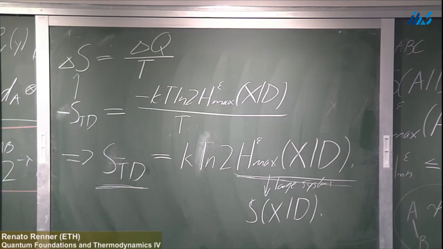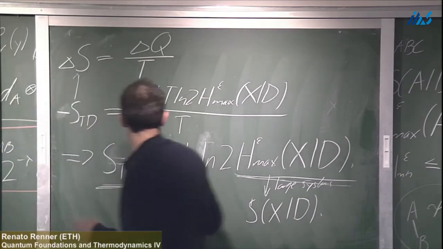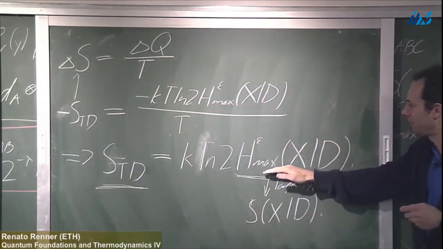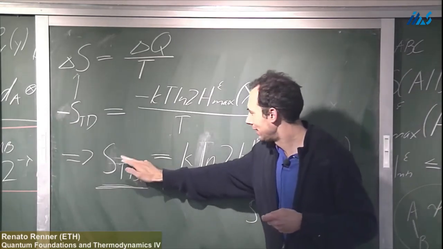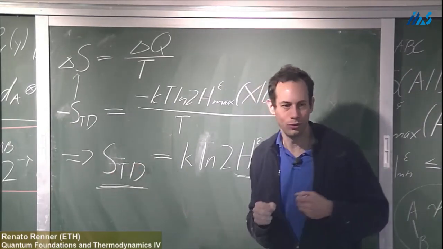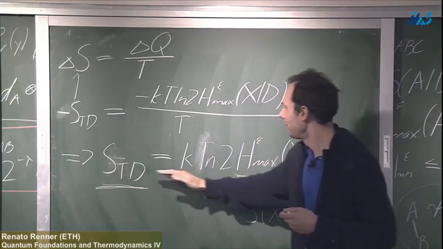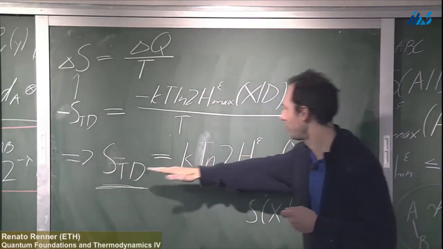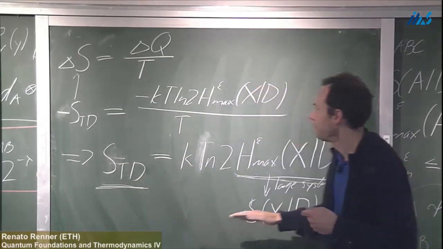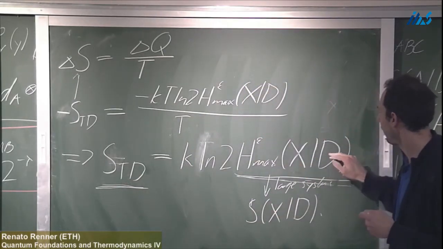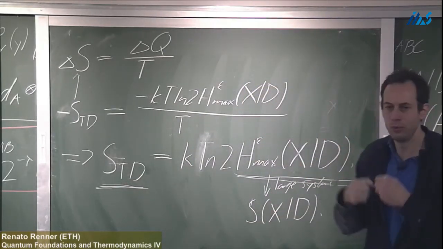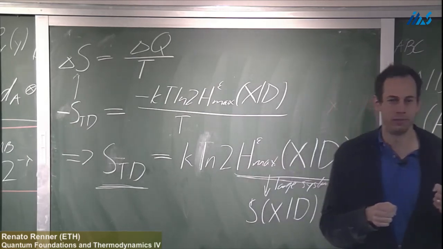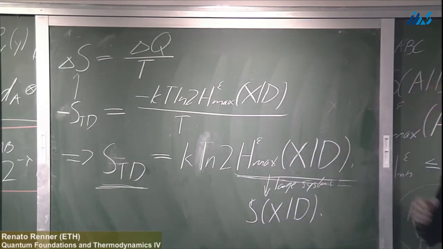So this device that acts on the system comes in very explicitly in the information theoretic consideration, and even if you make the connection to thermodynamics, it's still there. So the information theoretic analog of the thermodynamic entropy is the max entropy conditioned on the knowledge we use when we operate on the system. Okay, so that's the conclusion of all that.